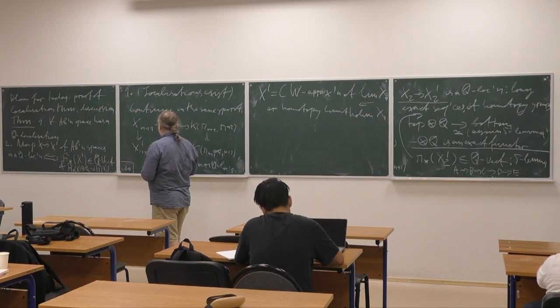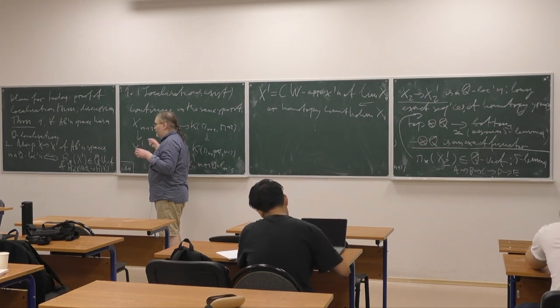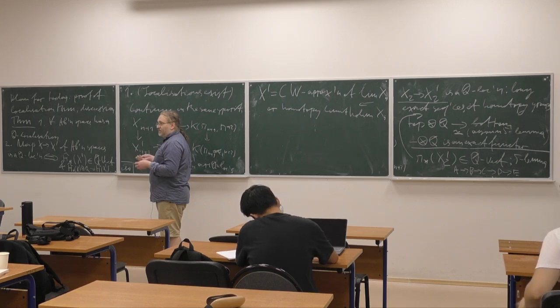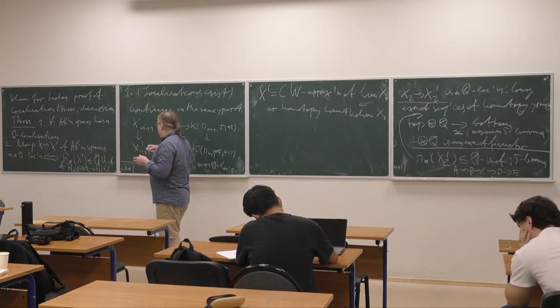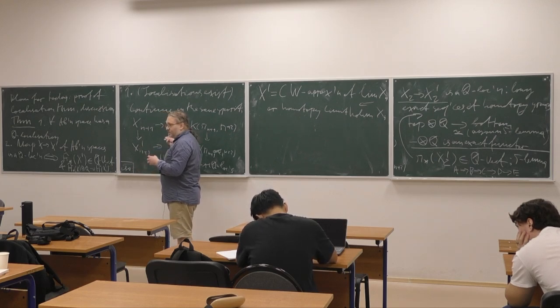Why is Xn plus 1 prime constructed using Euclidean space? Well, we basically proved the theorem a couple of weeks ago that if a space has a tower of principal fibrations, and if pi 1 is abelian, then the space itself is abelian. Let's assume by induction, as induction hypothesis, that this space is abelian.